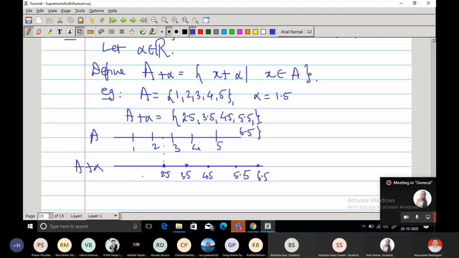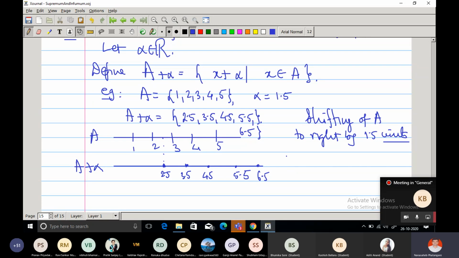So if you compare geometrically A and A plus alpha, what is happening actually? It is shifting towards the right. Shifting of A to the right by 1.5 units.